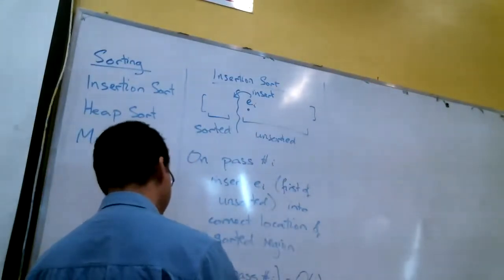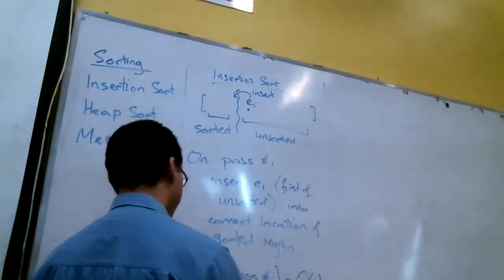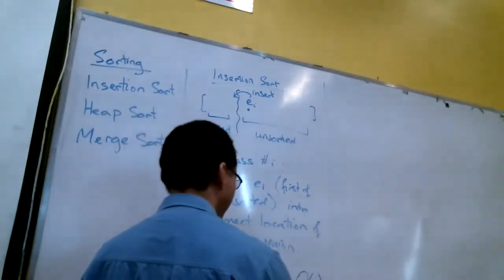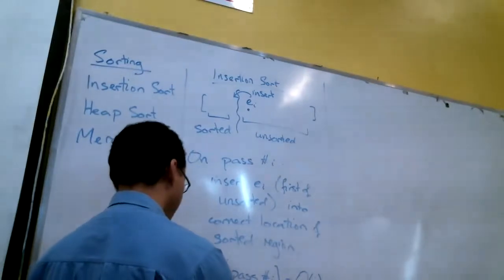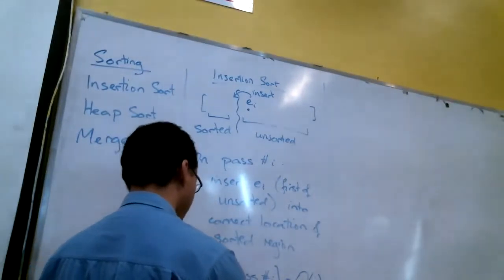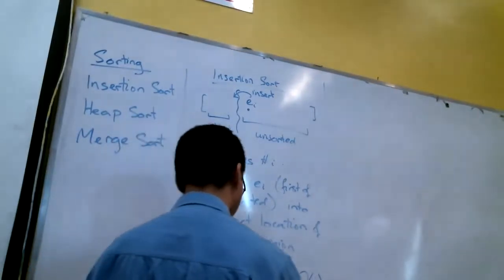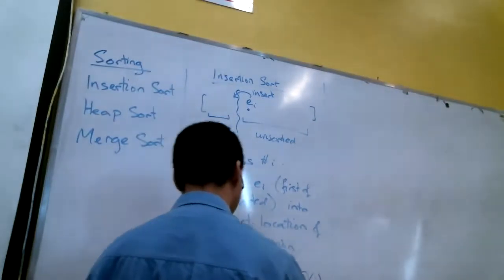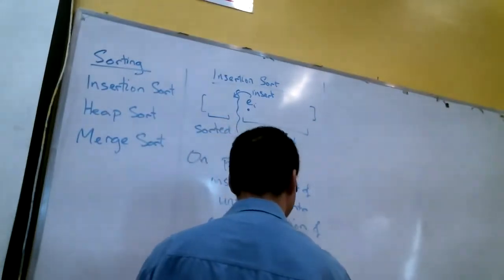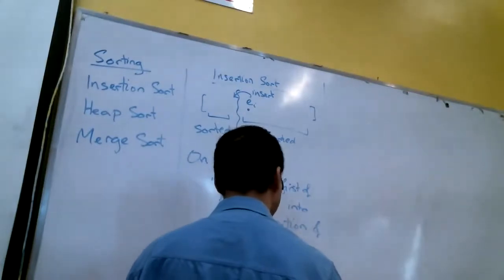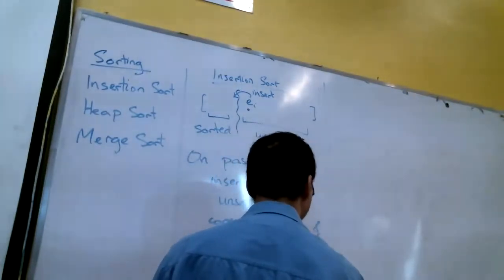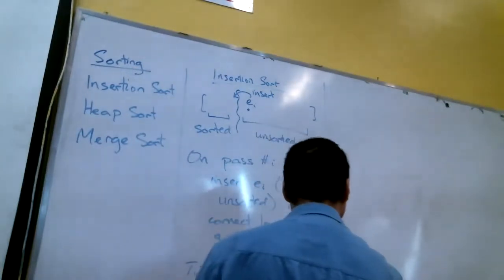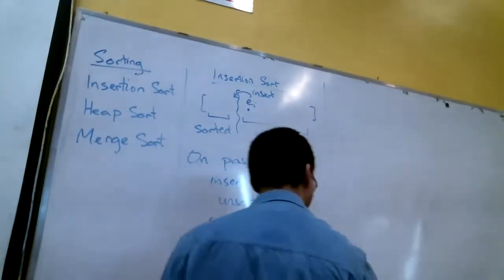And the number of passes is, let's say, n minus 1. So your total time is the sum from i equals 1 to n minus 1 of order i. And so that's going to give you order n squared. That's worst case.